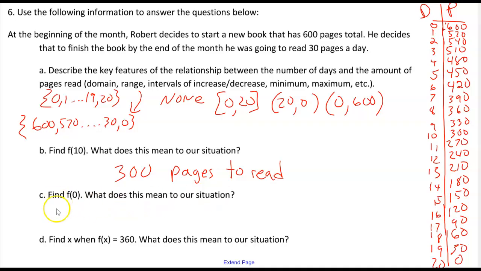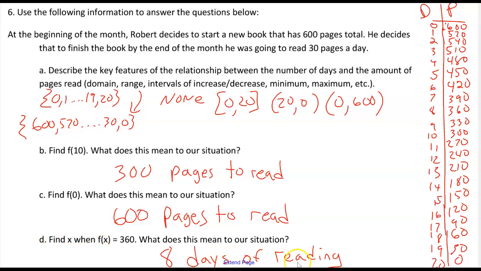Alright, at f of 0, we plug in 0, what do we have? 600 pages to read. And what does it mean when f of x is equal to 360? That means when y is equal to 360, which is about right here. That means we've been reading for 8 days. 8 days of reading.